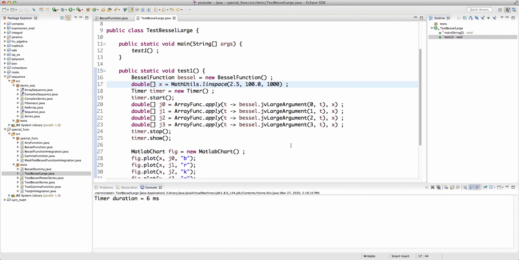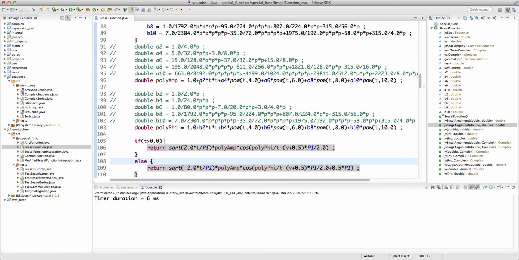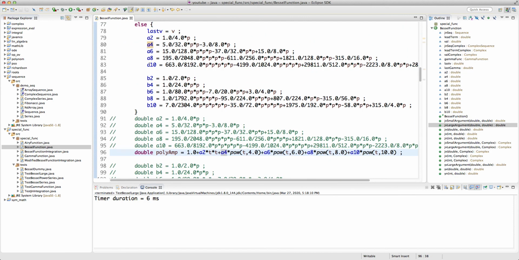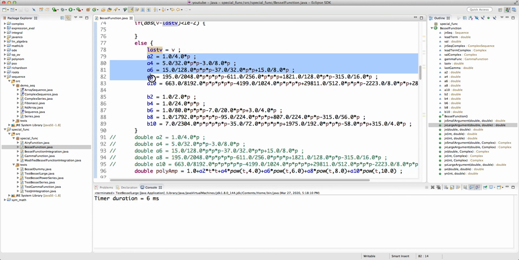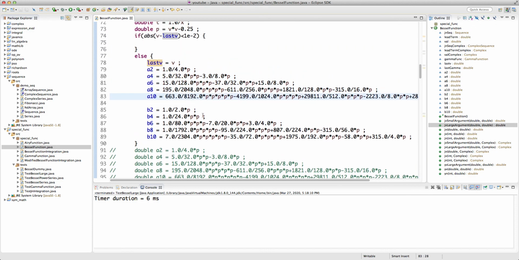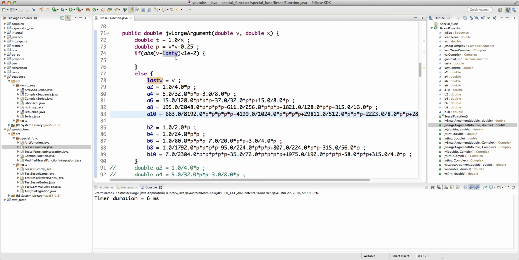All right, so this was the implementation of the Bessel function, right? And we said that if nu is not changing, we're not calculating these coefficients over and over again. We only update these coefficients when nu is actually changing, because most of the time nu is fixed and x is changing.